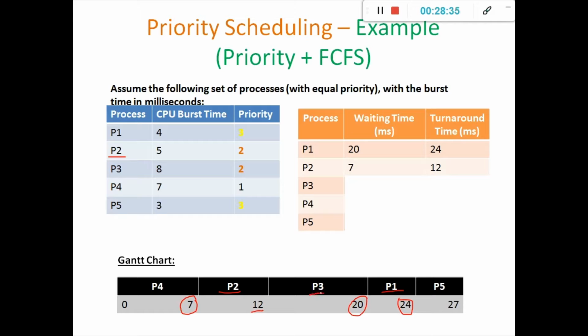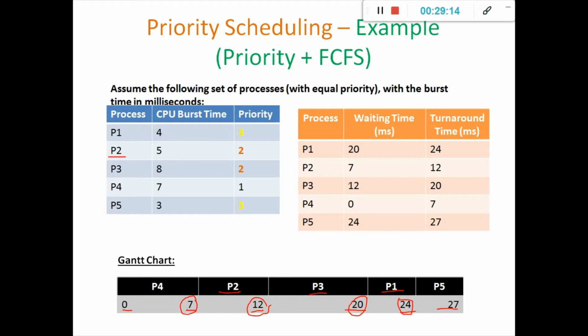Then for P3 it is 12 and 20. Then for P4 the waiting time is 0 because P4 is the process with the highest priority, so it has started immediately. So waiting time of process P4 is 0 and the turnaround time is 7. Then for the last process P5 it is 24 and 27.